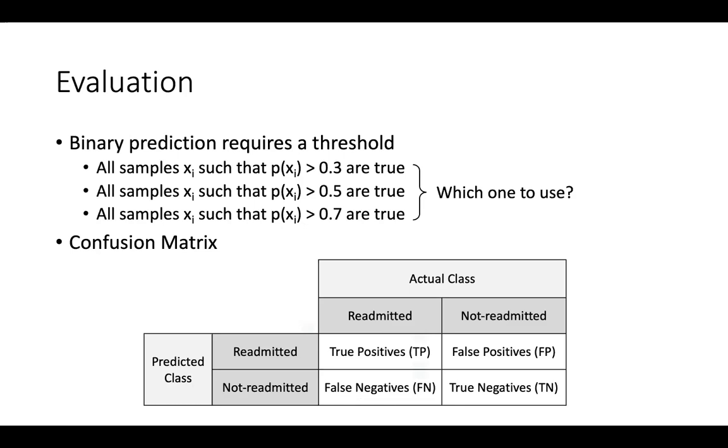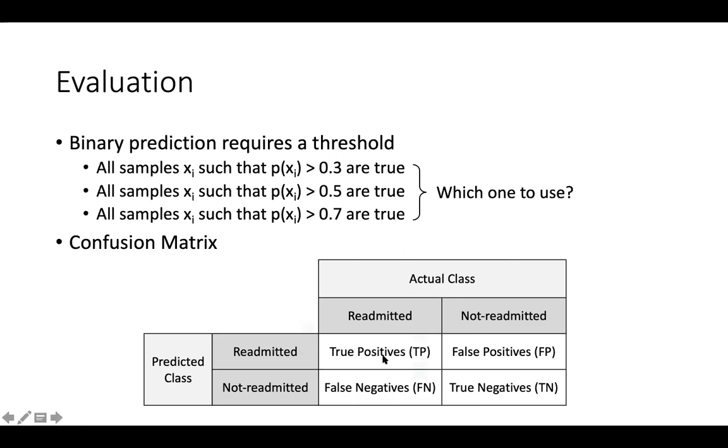Would you rather have your model have high false positives and low false negatives, or would you rather have your model have high false negatives and low false positives? What would be your preference? Okay, so this question has no answers because this is such an easy question.